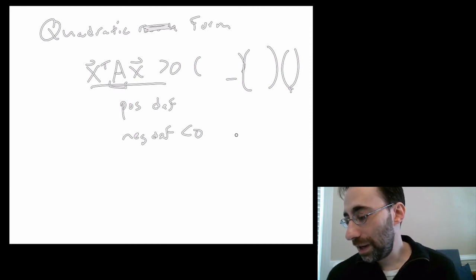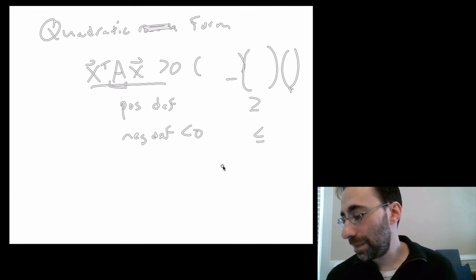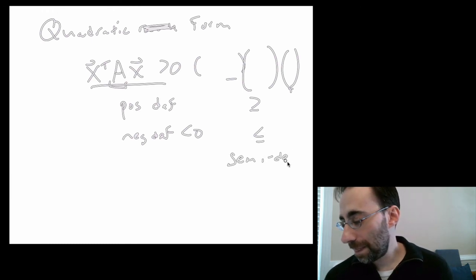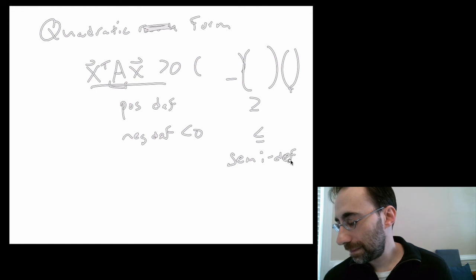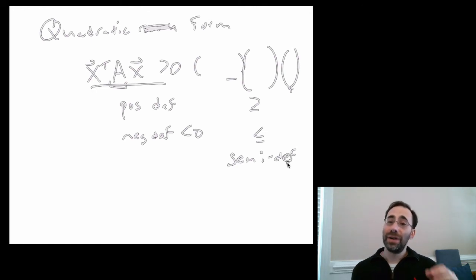And if it's greater than or equal to, or less than or equal to, it's positive or negative semi-definite. Again, file this away somewhere. This will come up in the last part of the class a bunch when we're trying to figure out if something is a minimum or maximum in more than one dimension.